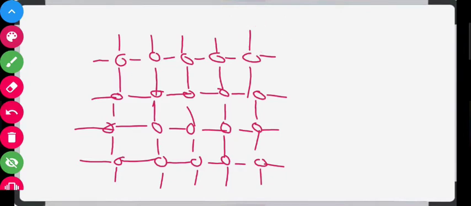So when adsorption occurs, let us assume these are our solid particles and these types of particles are gaseous particles which will feel adsorption on the surface of this solid.